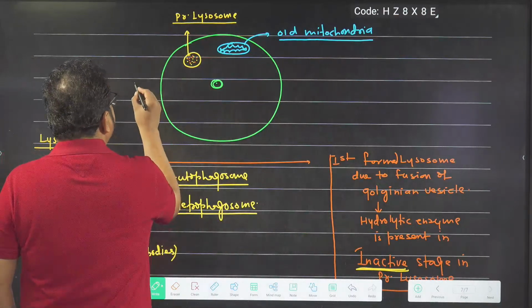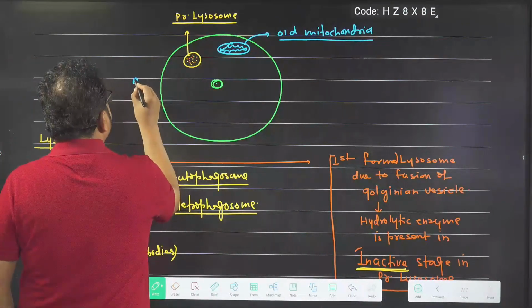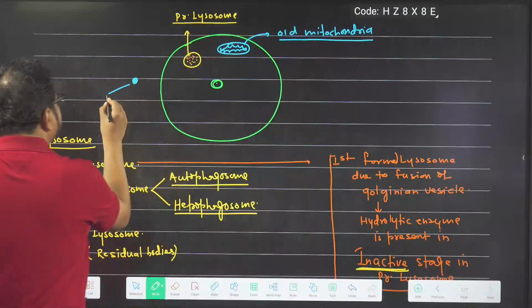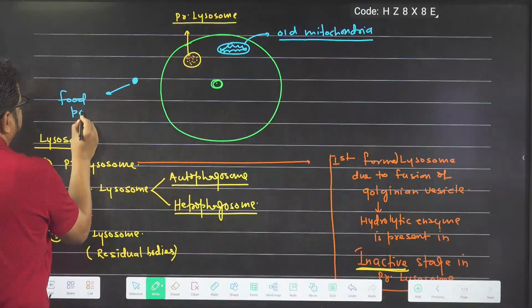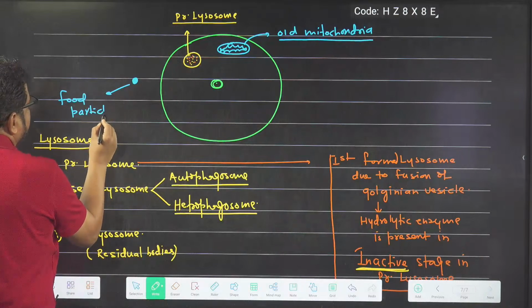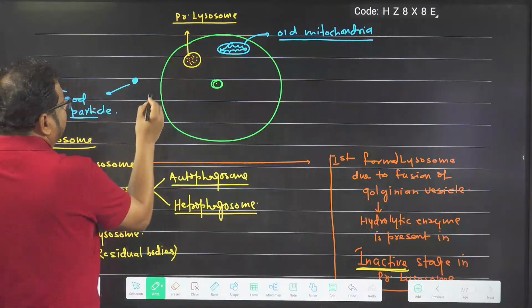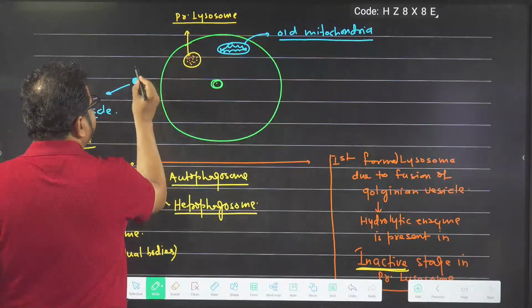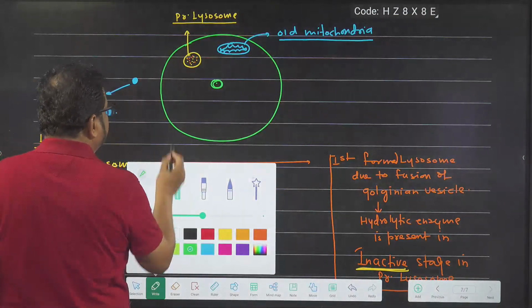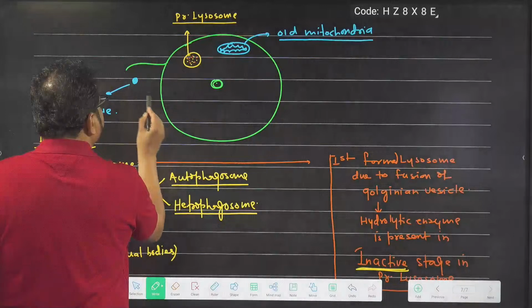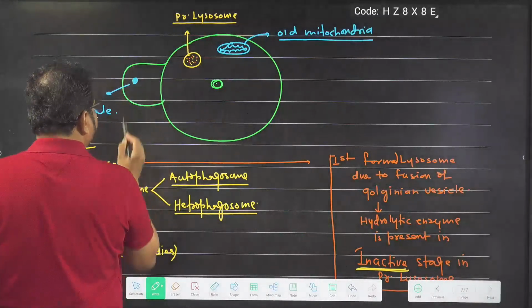And suppose that here is food particle. So what did the cell do? Through endocytosis, they have taken the food particle. You can say they phagocyte the food particle. They capture the food particle like this.